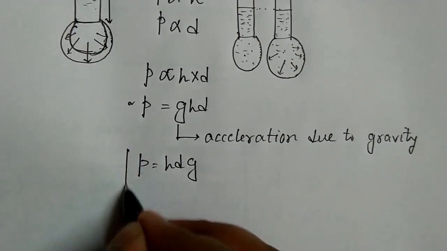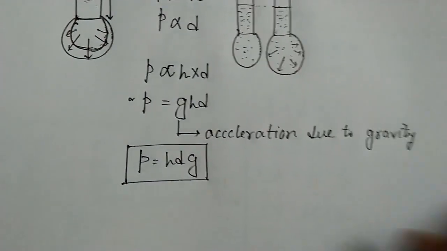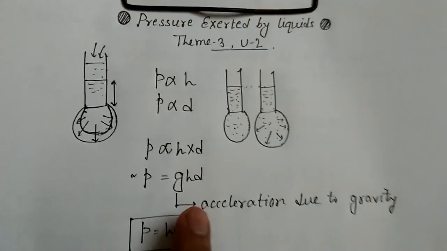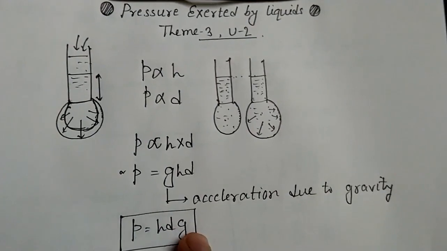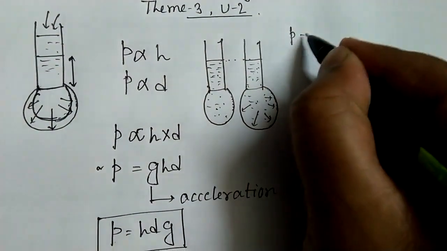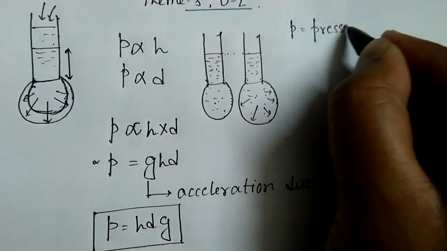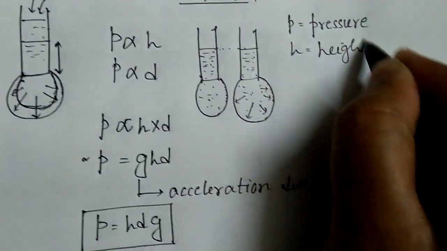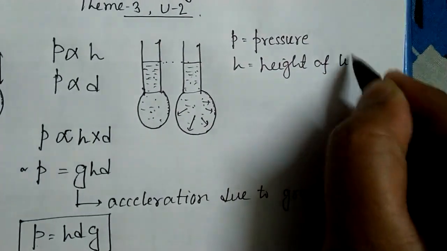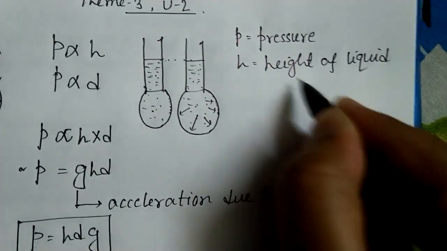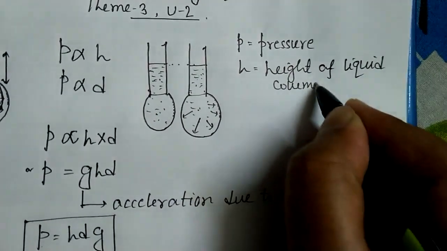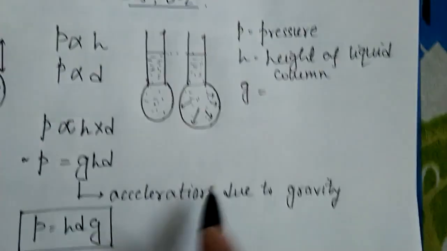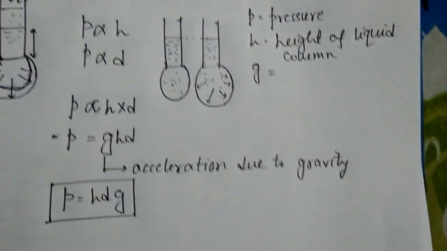So this P is the pressure under liquid. Now I am introducing each of the symbols, where P I have taken as the pressure, h is the height, height of the liquid column, and g, already told, is the acceleration due to gravity.